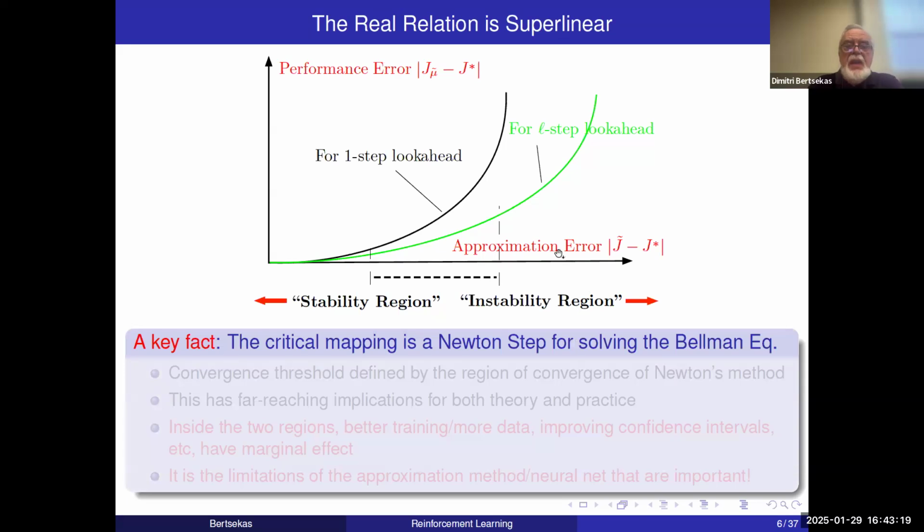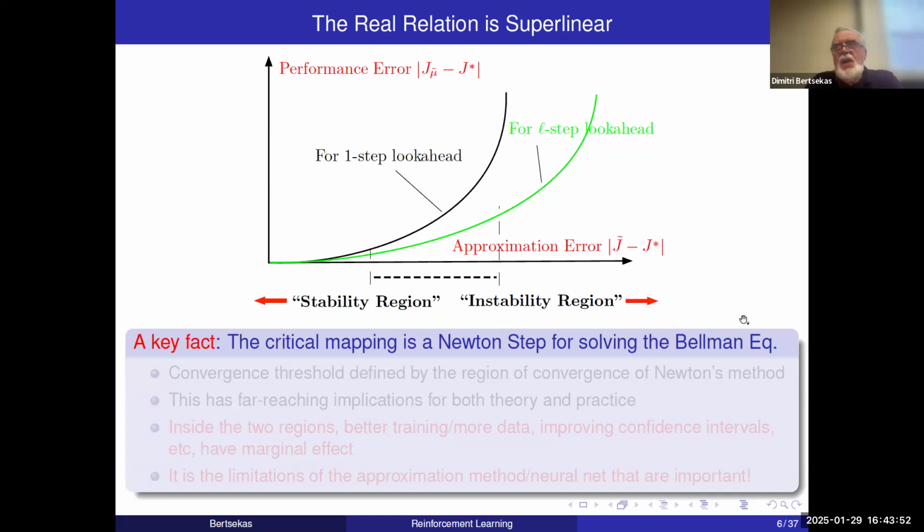And the key fact here is that these two are related through a superlinear relation that flows from Newton's method. This critical mapping that takes this into that is a Newton step for solving the Bellman equation. If you remember Newton's method that you've encountered in calculus, it is a method for solving nonlinear equations and optimization problems. If you start close enough to the solution, it's extremely fast. It just zooms in to the solution very quickly, very accurately.